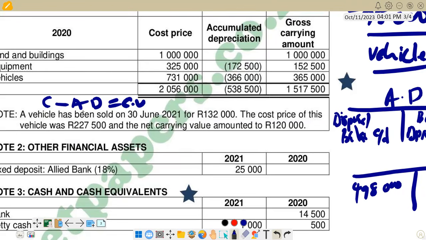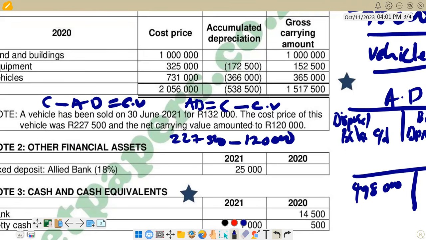So we want the accumulated depreciation. If you make accumulated depreciation the subject of the formula, it becomes cost minus carrying value. So that's what we are going to do. The cost is 227,500, subtract the carrying value, 120.